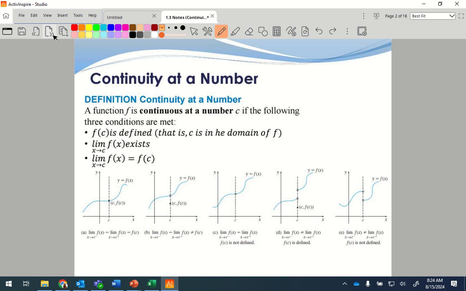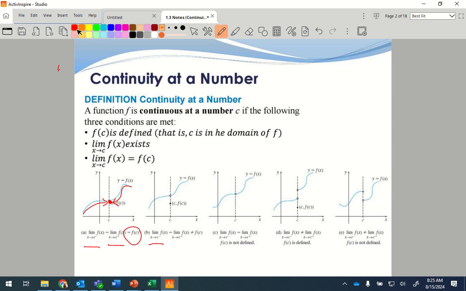Some of these graphs aren't very clear, so I'm going to go through them. This right here, the left side is equal to the right side, which is equal to F of C. Left side, right side, F of C, solid dot right there. That makes sense? Okay, next one.